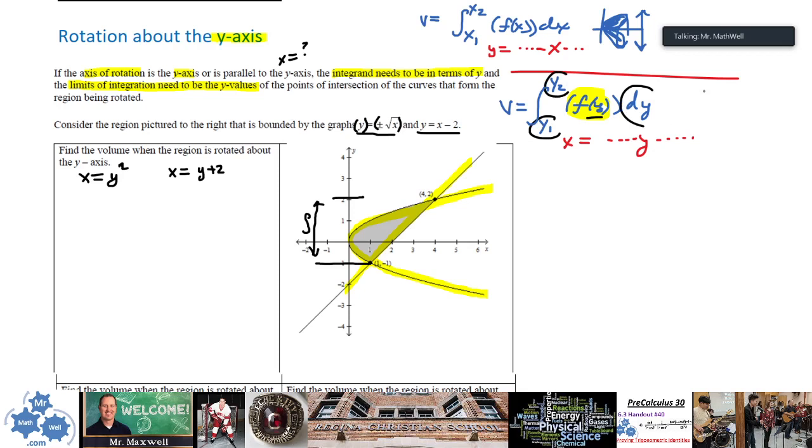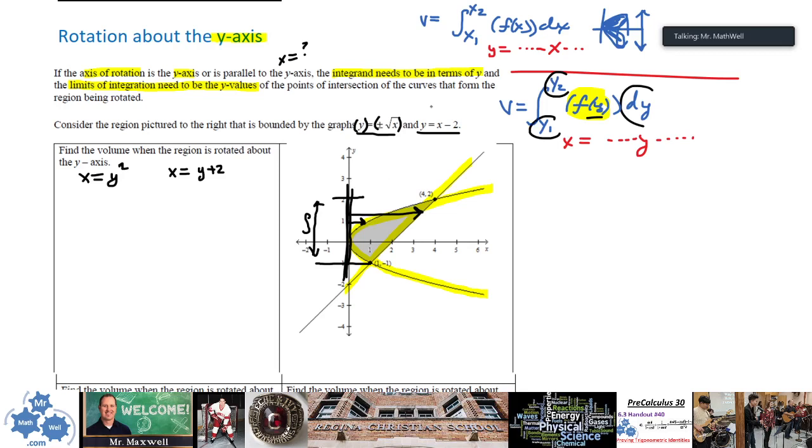We're going to envision the axis of rotation as a vertical line instead, and the rules still hold true from what we learned before. We use the function that's the farthest away from the axis of rotation, which is x equals y plus 2, and the one that's closest is x equals y squared. Is everyone okay with that?